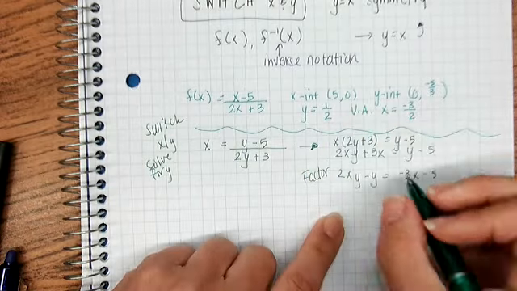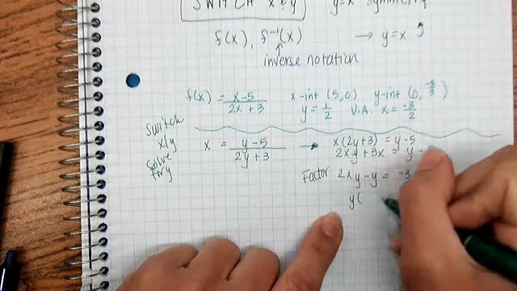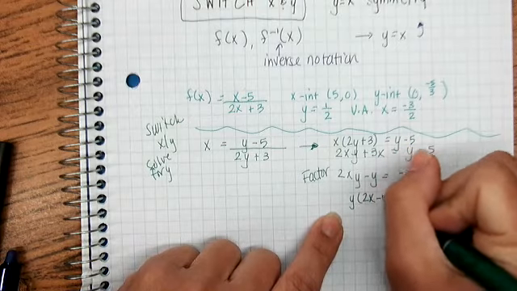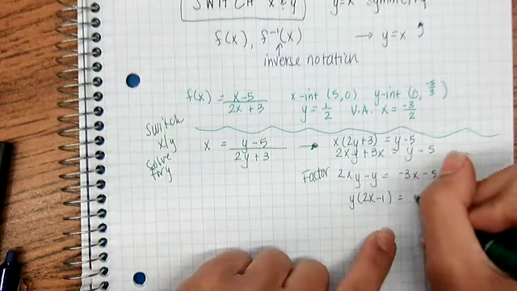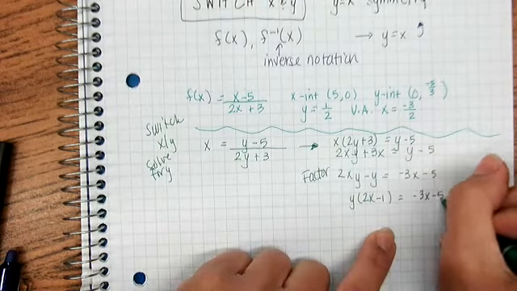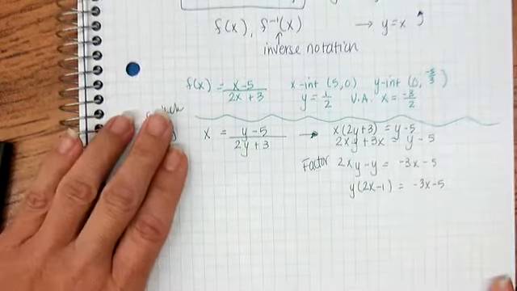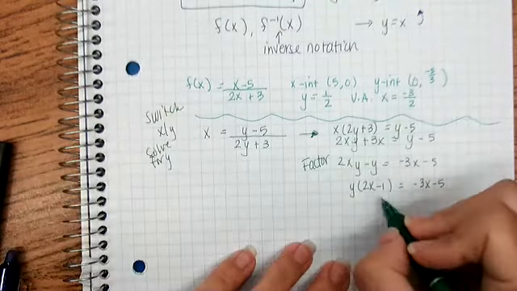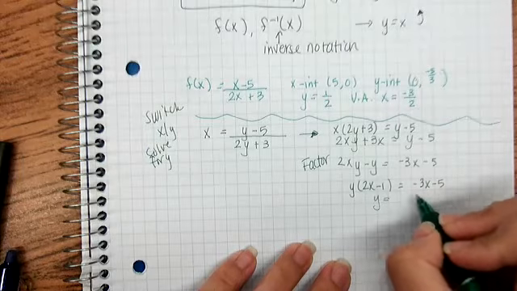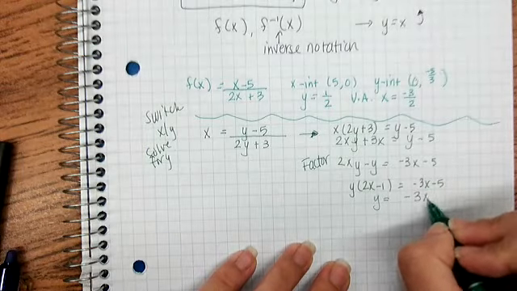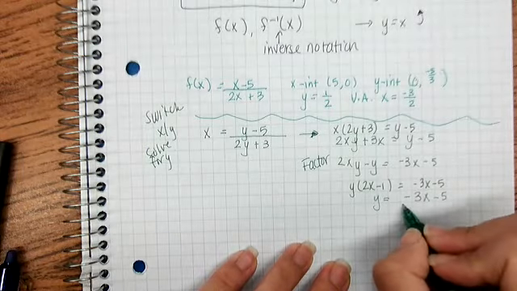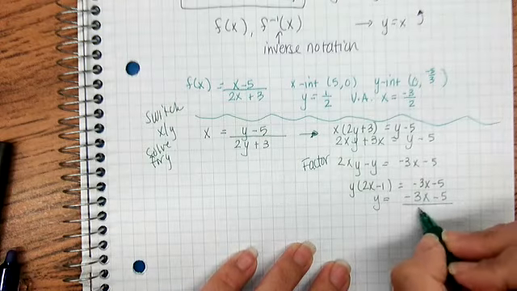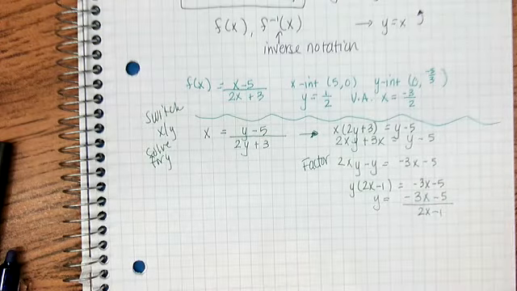So I'm going to pull out the y, and that leaves me with 2x minus 1 equals negative 3x minus 5. Divide, you get y equals negative 3x minus 5 over 2x minus 1.